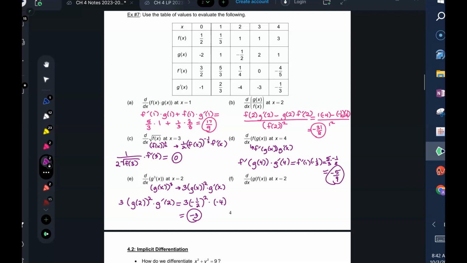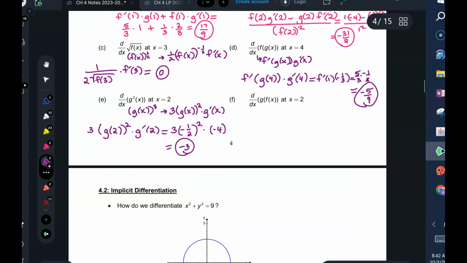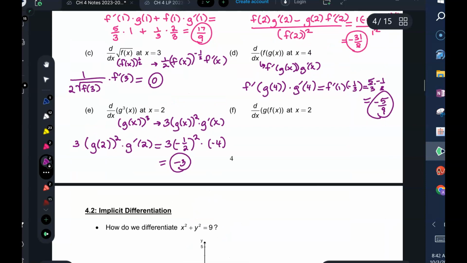Last one, g prime of 2. This is basically the same thing, just backwards, right? So g of f of x. This derivative will be g prime of f of x times f prime of x. So we want g prime of f of 2 times f prime of 2.